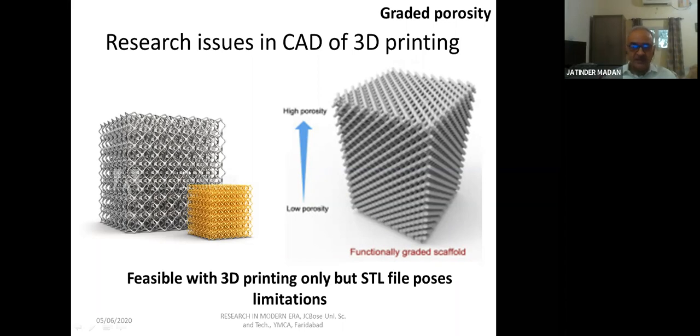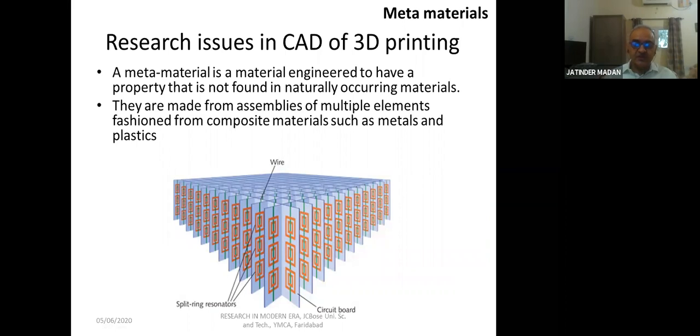And research issues, the metamaterials, just like this, the chips, electronic chips, circuit boards. So you have different materials embedded inside. A metamaterial is a material engineered to have a property that is not found in naturally occurring materials.